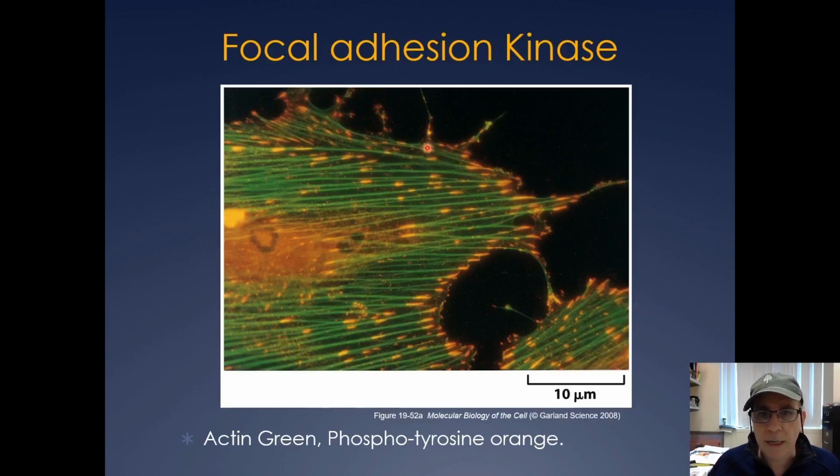And that's regulated by this protein called focal adhesion kinase, and you can see the actin filaments here, and then the phosphotyrosine is stained in orange here. All right, so it's a kinase, adding phosphates, and this helps that growth where the attachment sites are going to have integrins, and then they'll be bound to fibronectin or laminin or something else on the surface.